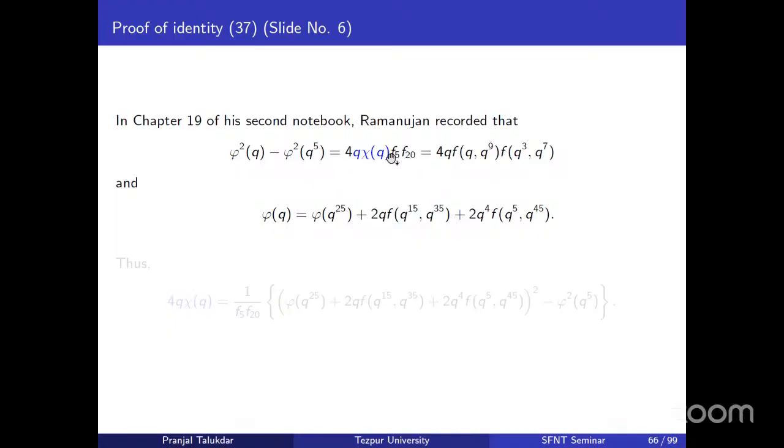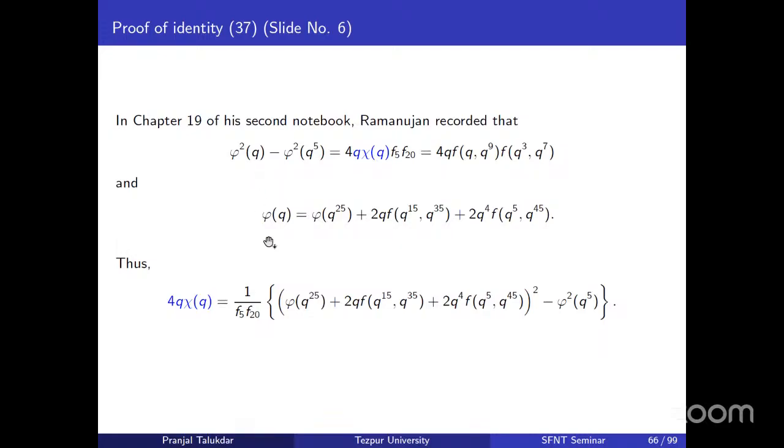So if we need a 5 dissection of this, these are already power series of q to the power 5. The only thing remaining is this one. So we shift this f5 f20 to the other side, so this becomes 4q chi q equal to 1 by f5 f20 times phi square q minus phi square q5.